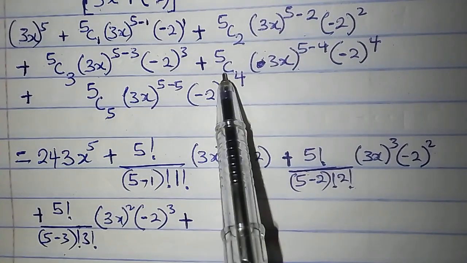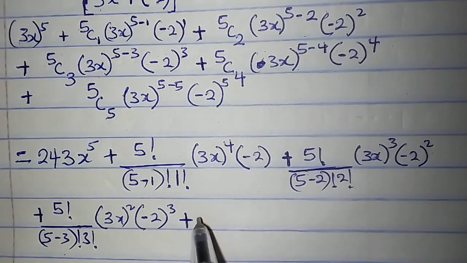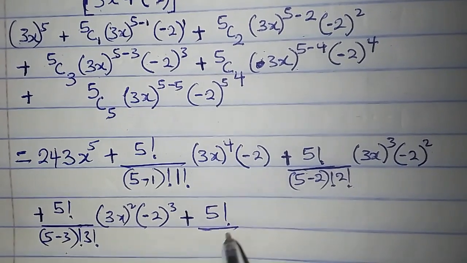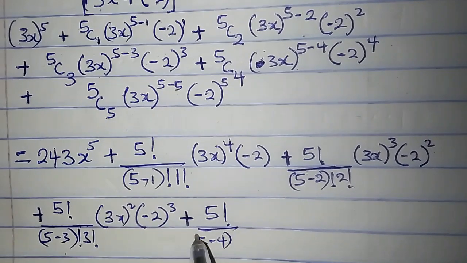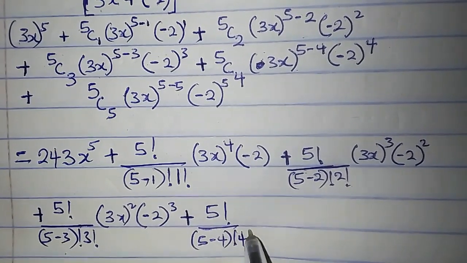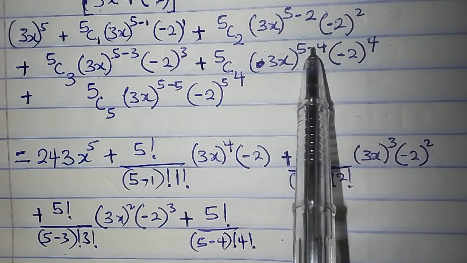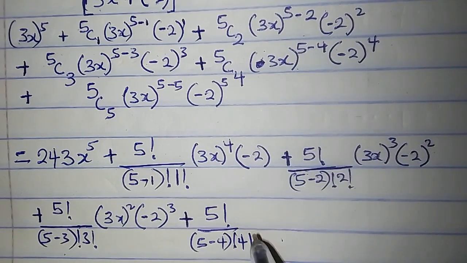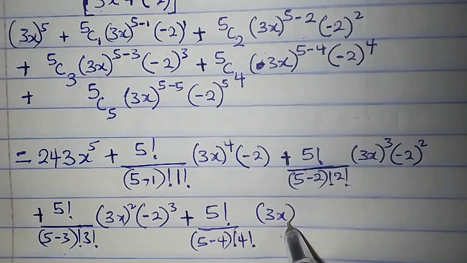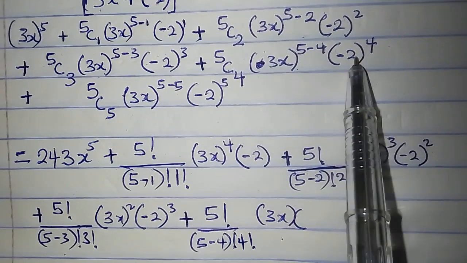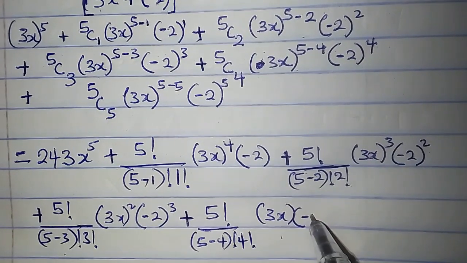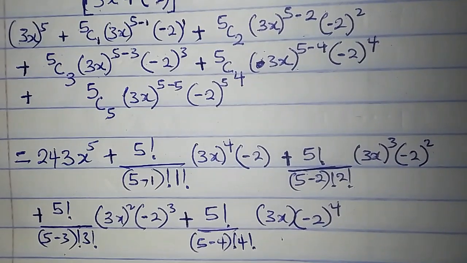Plus 5 combination 4, which is 5 factorial all over 5 minus 4 factorial times 4 factorial, then 3x to the power of 1, since 5 minus 4 is 1, which is just 3x. Then we have minus 2 raised to the power of 4.